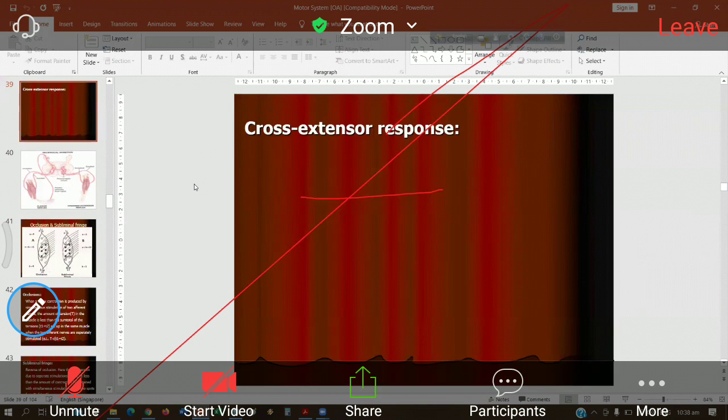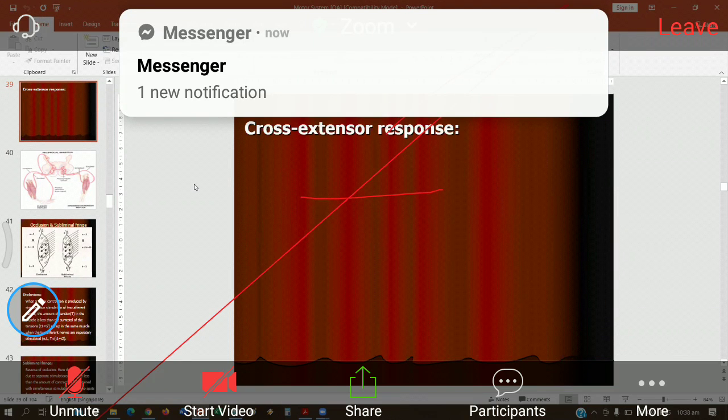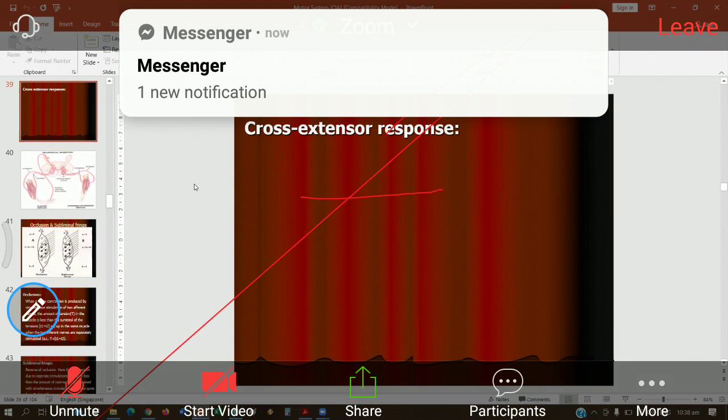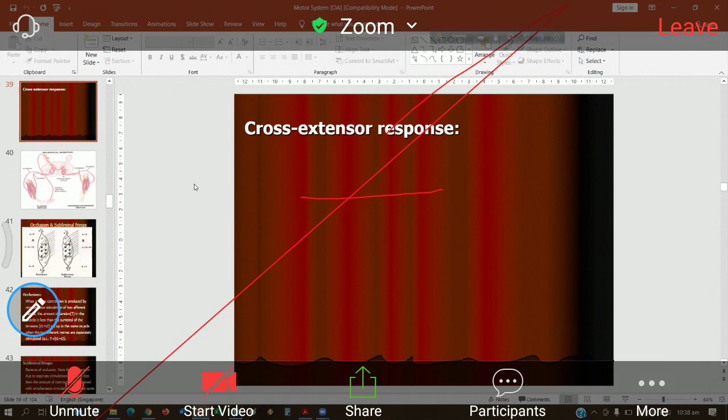Crossed extensor response occurs. This is most apparent in midbrain reflexes. Crossed extensor response occurs when one limb is moving in one way, and another limb is moving in the opposite direction. For example, if during a reflex the flexor muscles of, say, the right arm are stimulated, the flexor muscles of the left arm will be inhibited, and the extensor muscles of the left arm will be stimulated.